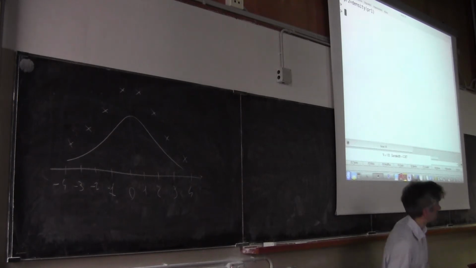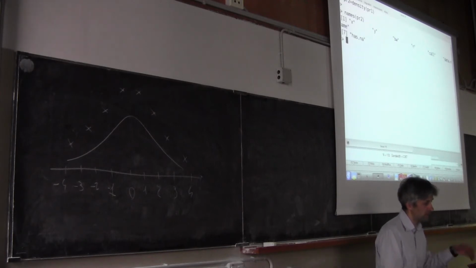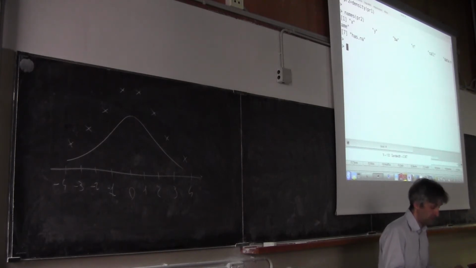And let's see what is included in this output. It's a list. PR2 is a list. And if you want to see what's included in the list, you see that there are a lot of things. I'm not going into details. What is important for us is just x and y. X and y allow us to draw the graph.